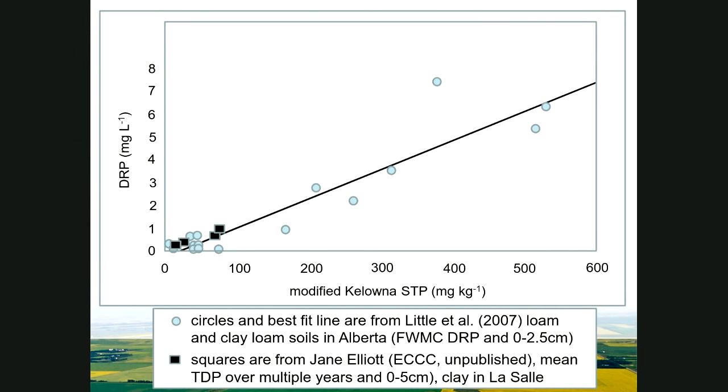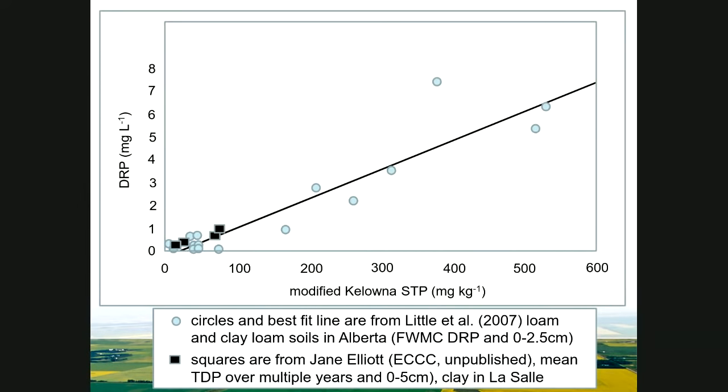What's shown in this plot is the same data, going back to the data from the Little and others data set from Alberta that John had last week. And we can see that there's a relationship where we have particularly high concentrations of soil phosphorus near the surface and we see high concentrations in snowmelt runoff.